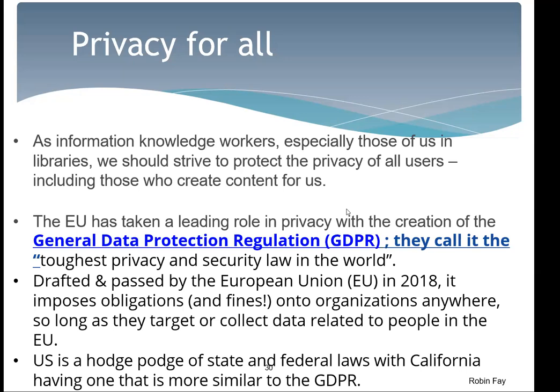But at least in the United States, privacy is kind of a hodgepodge of state laws. There are some states that have much stronger rules. California has been sort of leading the effort in this way and has passed some similar legislation. They kind of tout themselves as being like the EU in terms of data protection. If you're on a website, especially a shopping website or some kind of website like that, sometimes you'll see a little link at the bottom for California residents.